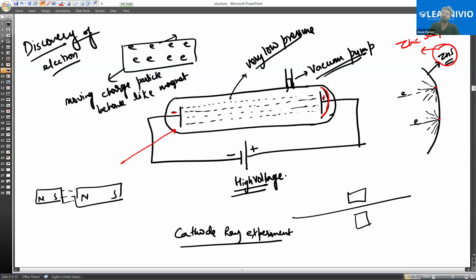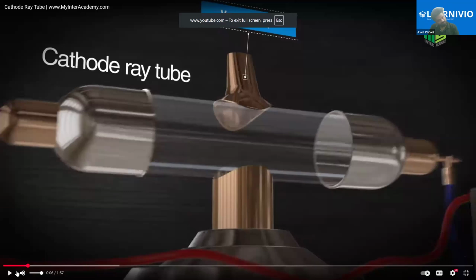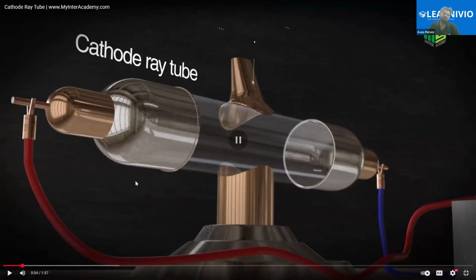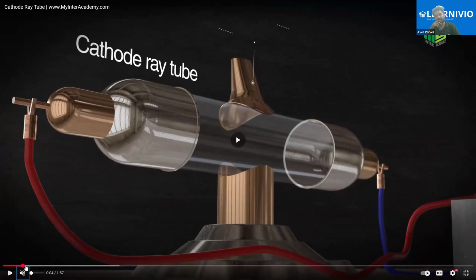This is the cathode ray experiment. J.J. Thomson took a glass tube like this, which is called a cathode ray glass tube, and he almost removed the air from it.